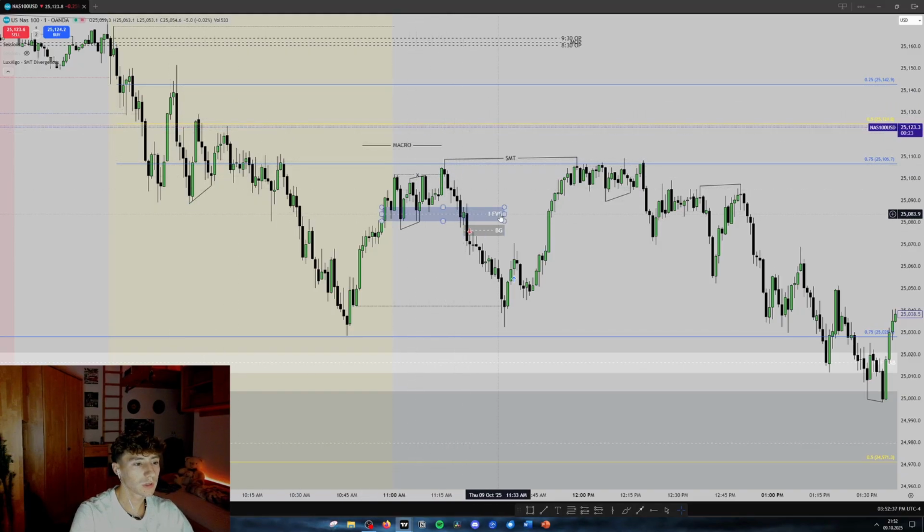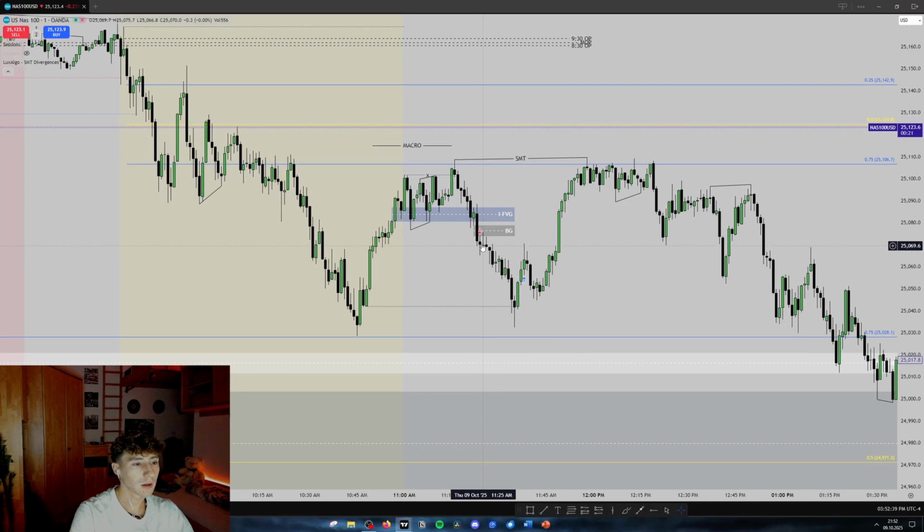dropped lower below the inversion fair value gap, and then I knew, okay, we would eventually trade lower. I definitely wanted to see the busy right here fail, so that the fair value gap doesn't support price higher. I didn't want to see support right here.